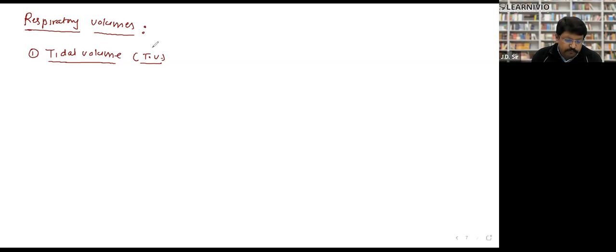Note it down. The volume of air inspired or expired during normal breath.